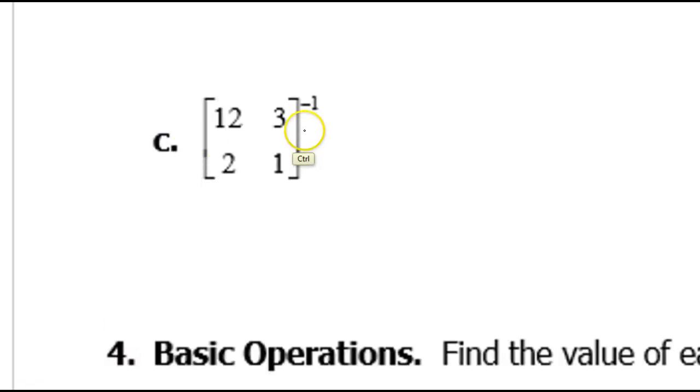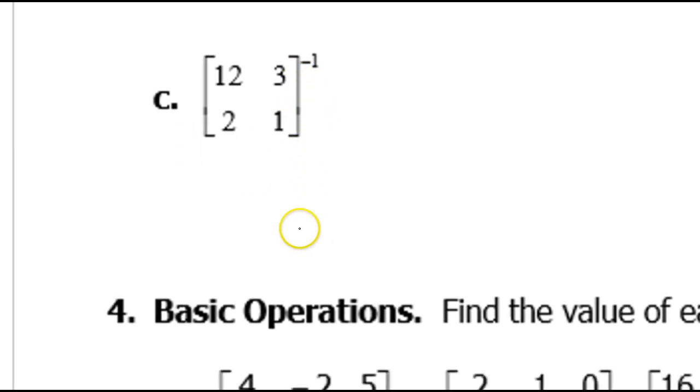For part C, you need to understand that this little negative 1 automatically means inverse. Even if I didn't say find the inverse, if I didn't use the word inverse, the little negative 1 exponent in the context of a matrix tells you that you need to find the inverse. So again, step 1 of finding the inverse is to do the determinant.